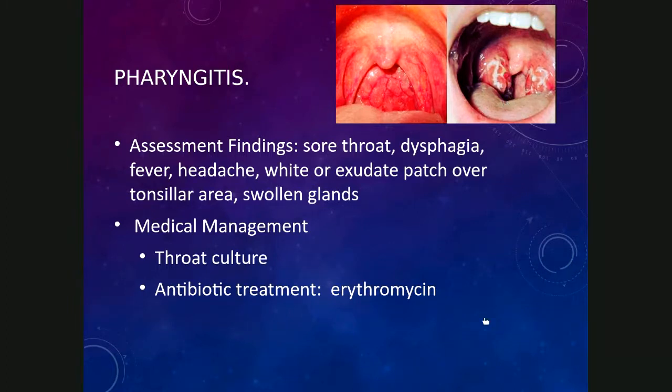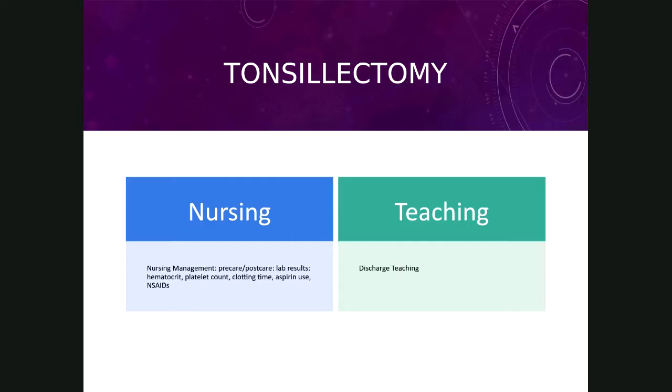Moving on to treatments, you have a tonsillectomy. Let's see. Nursing management includes pre-care, post-care. Nurses be aware of your labs. You need to know your proper ranges for hematocrits, your platelets, your clotting times, aspirin and NSAID use. And then you want to do discharge teaching, which we'll get into.